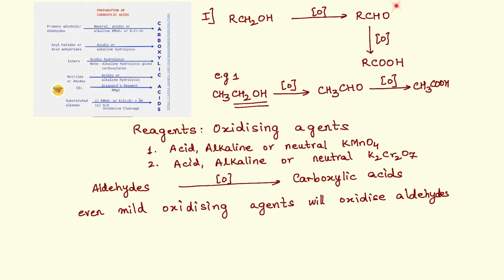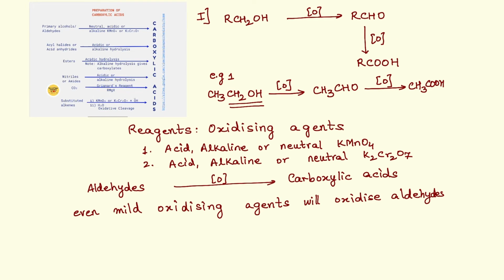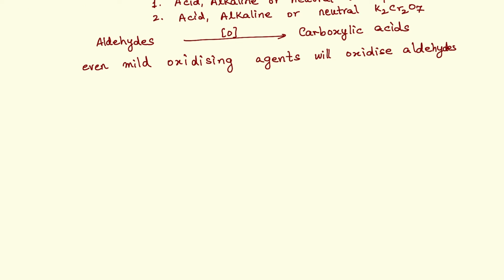Now, there may be some of you who must be struggling. I am not saying all of you. If you are not able to relate to the words that I am using and how to go about it, I would suggest that you start from the beginning. I have uploaded a separate playlist on IUPAC nomenclature on the same channel, Pen and Paper Chemistry.